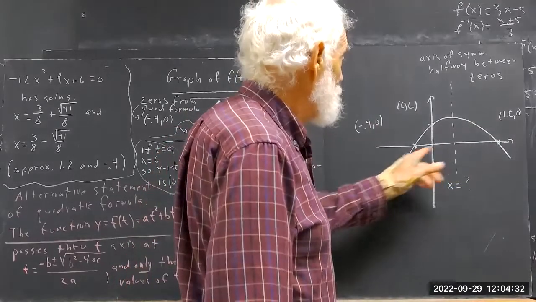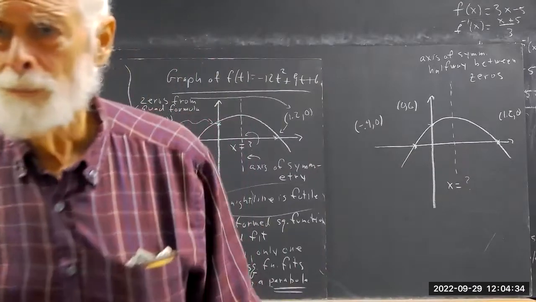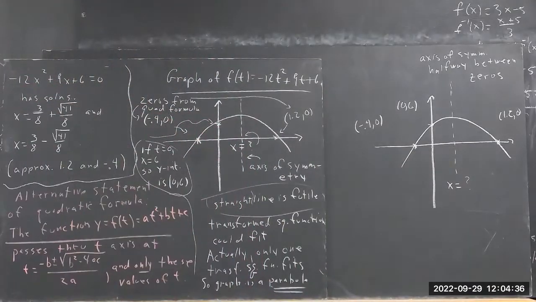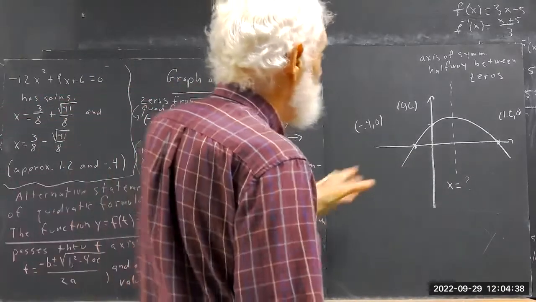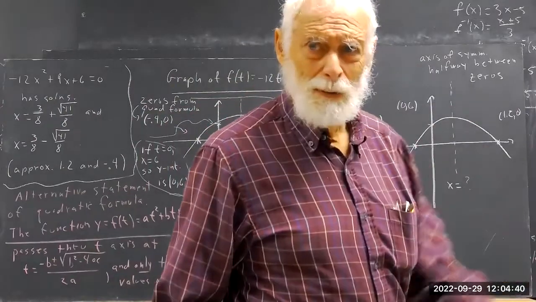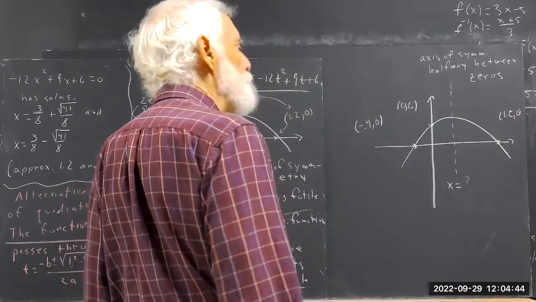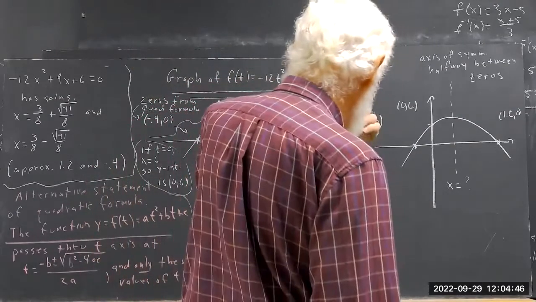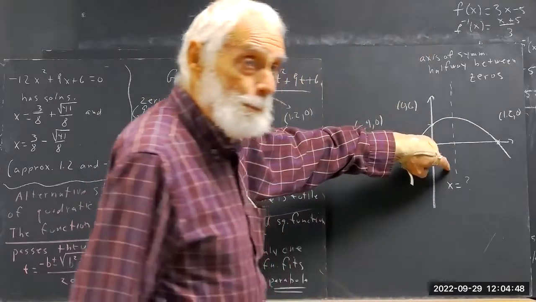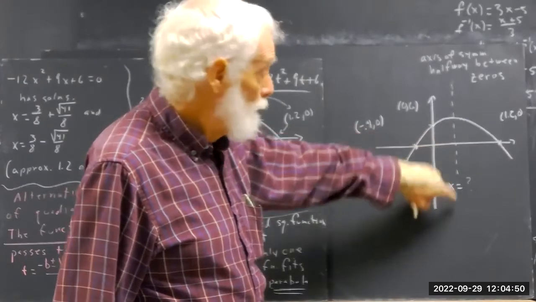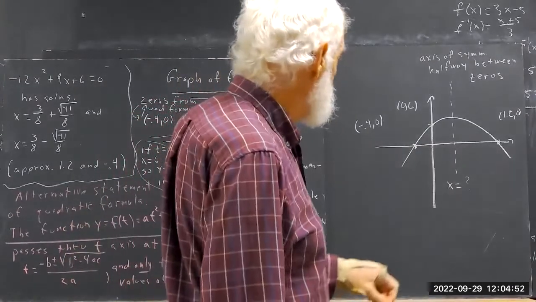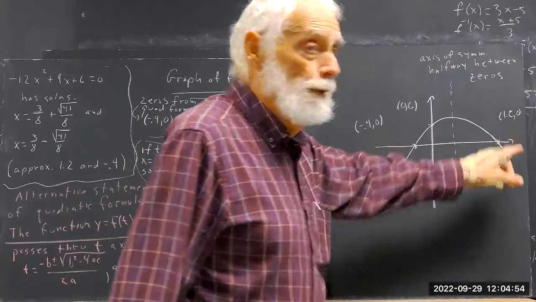This has to be a mirror image of this. Even if I didn't draw it quite right, it's hard to draw these things. At least I find it hard. I could be more careful and do a better job. Okay, close enough.